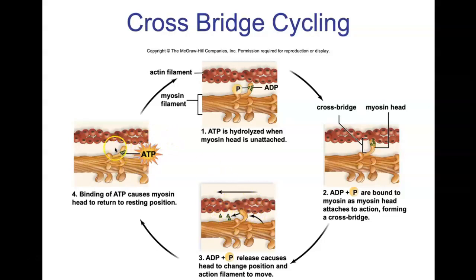It requires ATP to add the phosphate like you see here, and this is what detaches the myosin head. So it detaches, and then you can attach it again. So ATP is required for this myosin to return to the resting position.